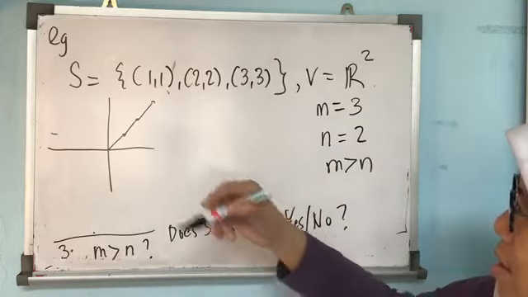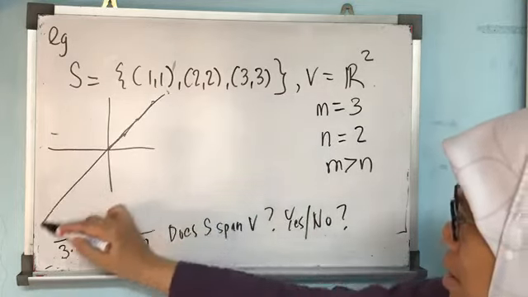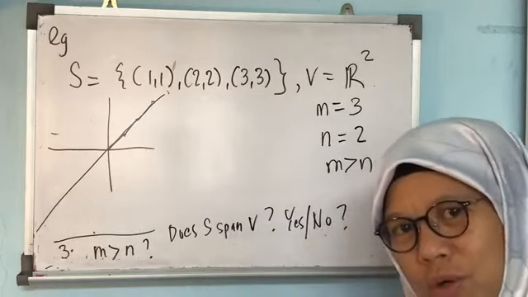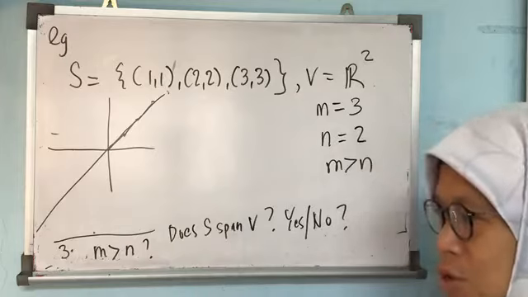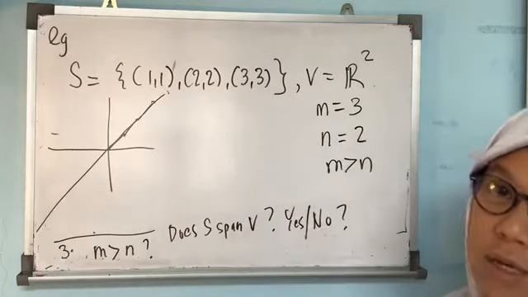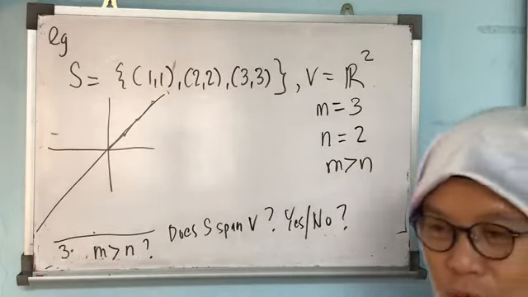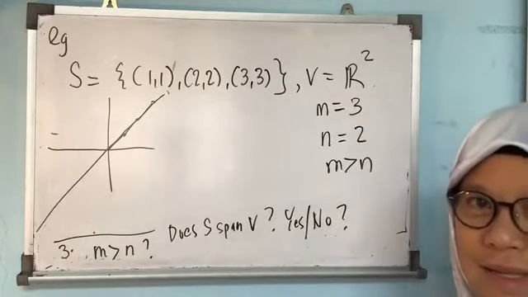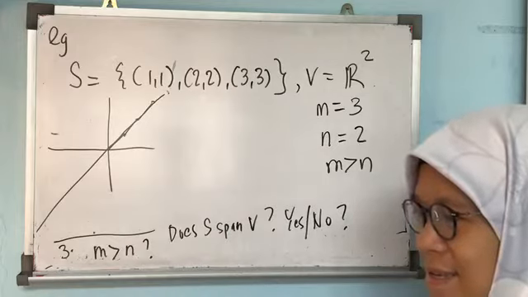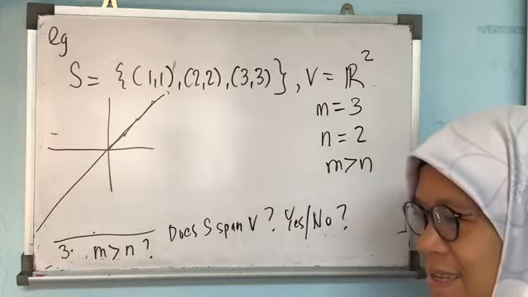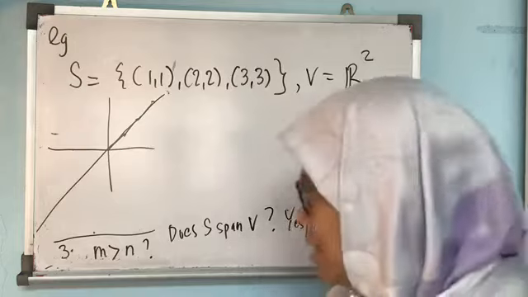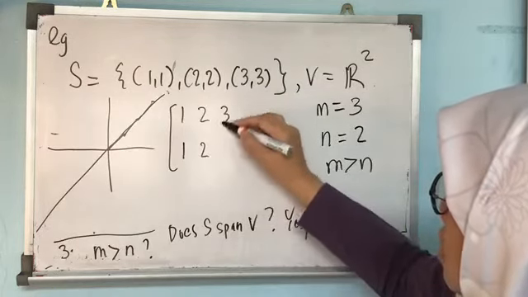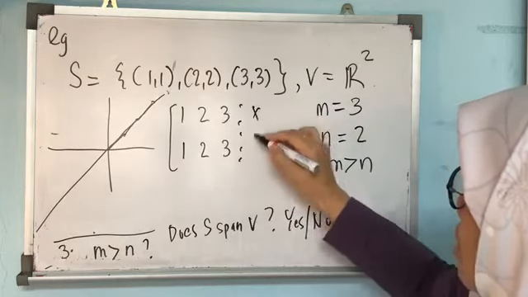Even if you add, you will get only this, right? The span is also just the line, so you don't get the whole xy-plane, meaning this does not span. So the answer is no in this case.